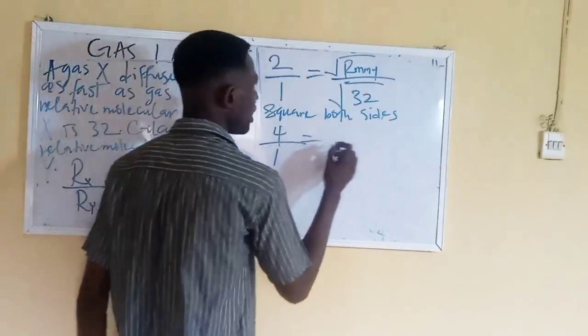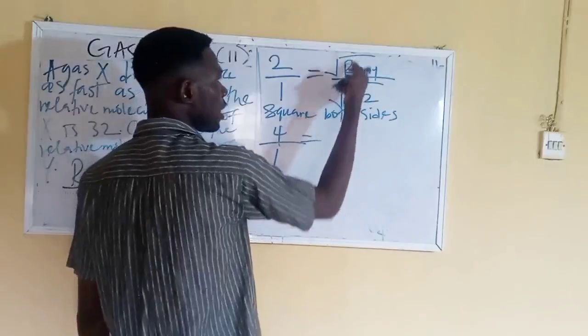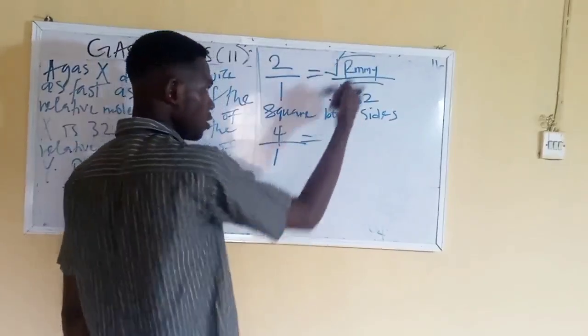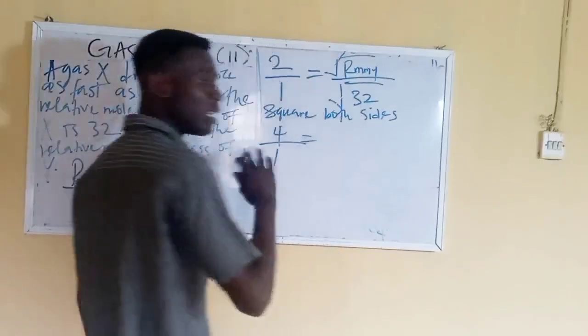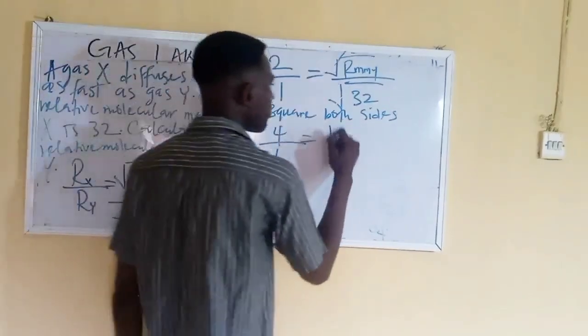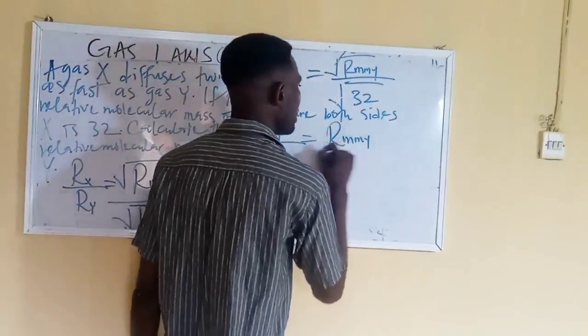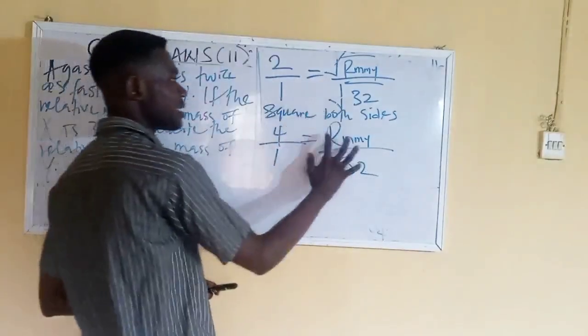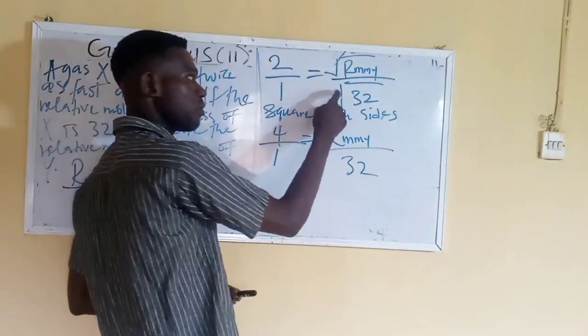Then the square would actually neutralize this, by eliminating the square root. So you're going to have RMM of Y over 32, because now they are standing on their own, not by the power of this anymore.